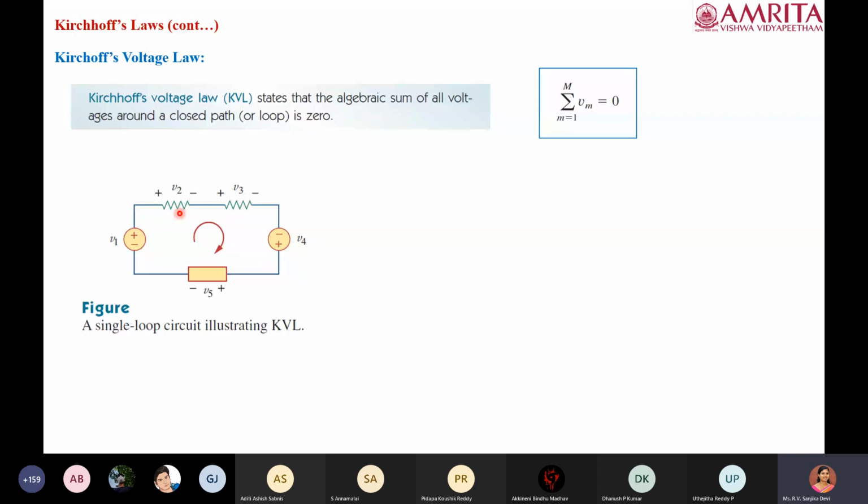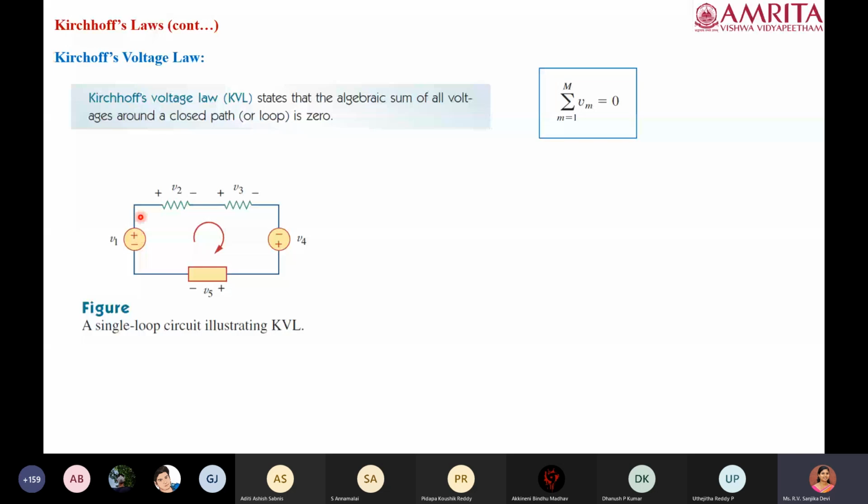There are different ways of doing this. Either you can go in the direction of the arrow mark, or you can mark a reverse arrow mark and go in the opposite direction. It is left to the student. Say, if the arrow mark is in the clockwise direction, we are going along the circuit in the clockwise direction. The convention is that if you are coming out of the positive terminal, we take the voltage to be positive.